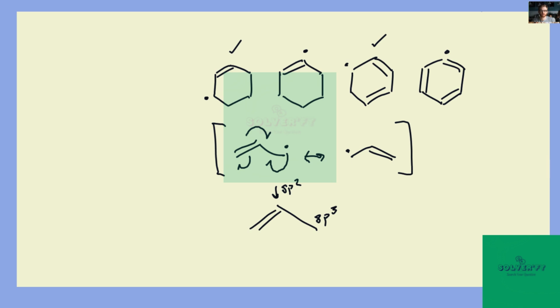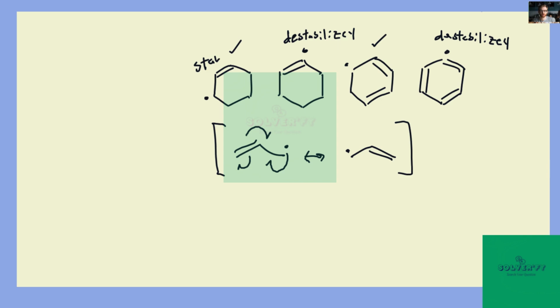So in a sense, if your electron is on an sp2 carbon, you're actually having a net destabilization. Okay, so this is destabilized. This is destabilized. And these two, where it's neighboring, are stabilized.